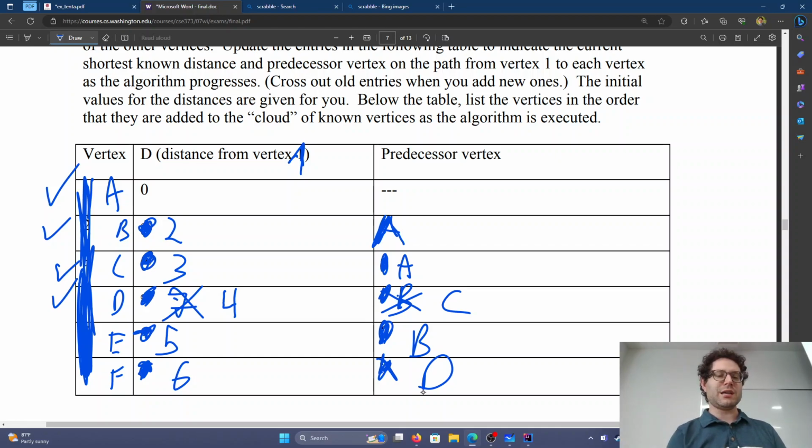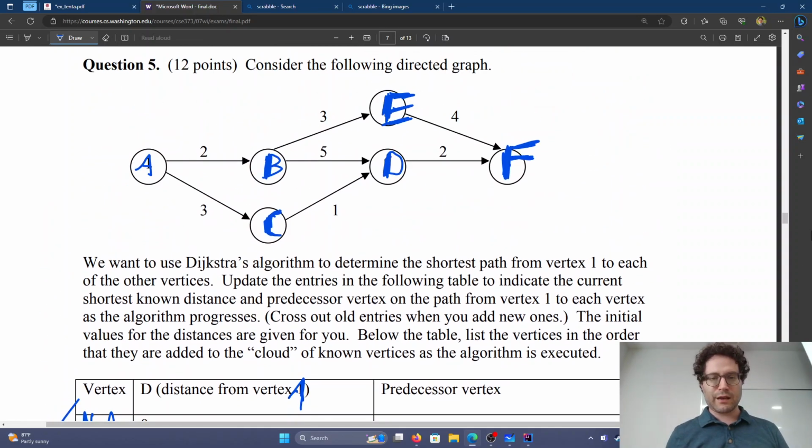You go through D, you have to go to D to get to F. To get to D, you have to go to C. To get to C, you have to start at A. That's how the predecessor kind of thing works. That's why we care about it. Okay, and that gives us 6.